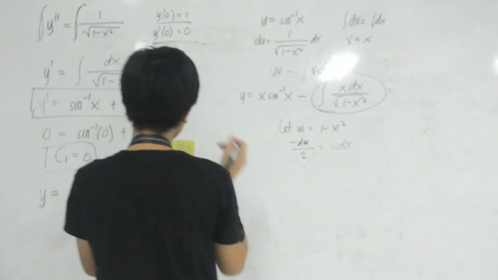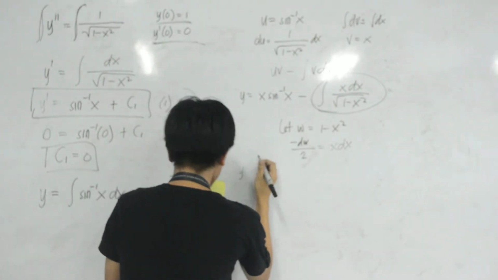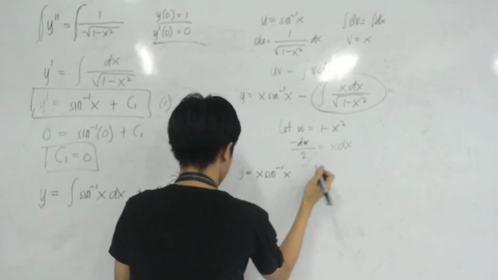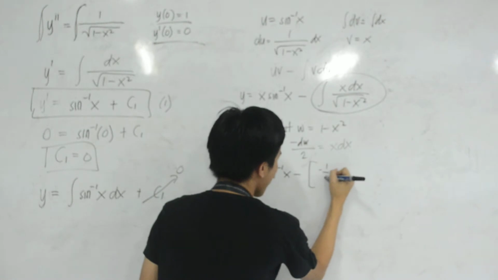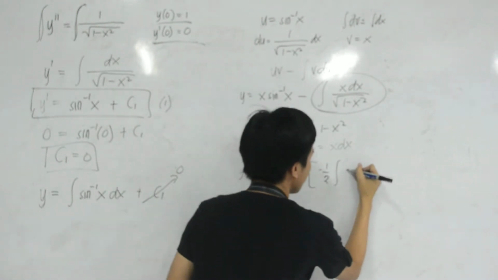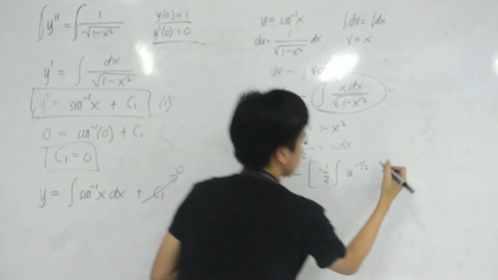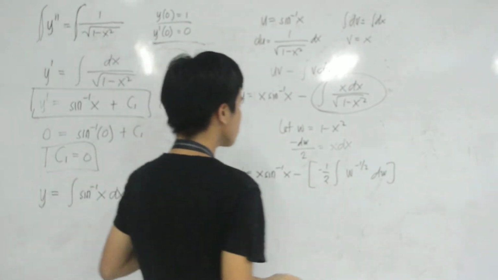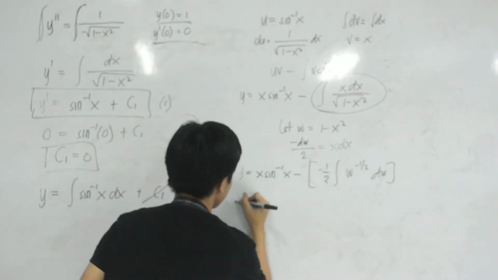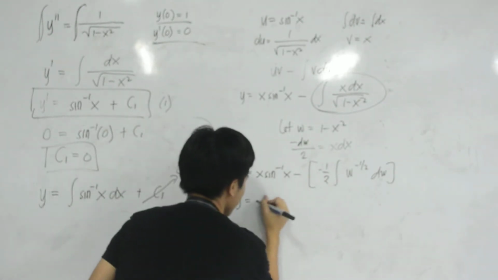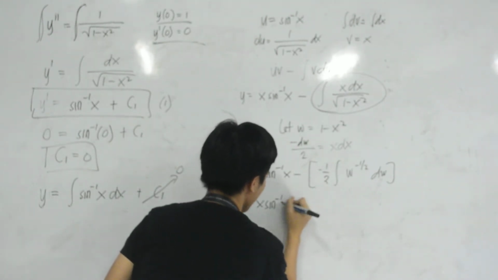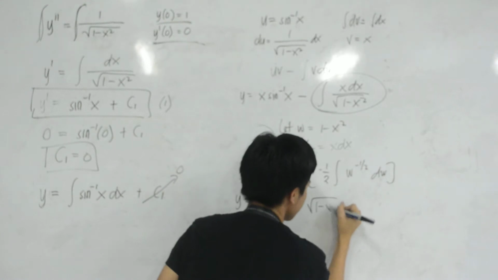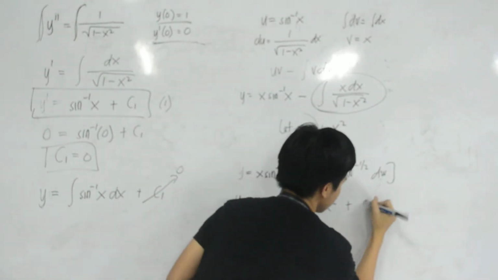So again, by substitution, we have y is equal to x sine inverse of x minus negative 1/2 integral of w to the negative 1/2 dw. So by manipulation, this will give us a result of y is equal to x sine inverse of x plus the square root of 1 minus x squared plus c2.